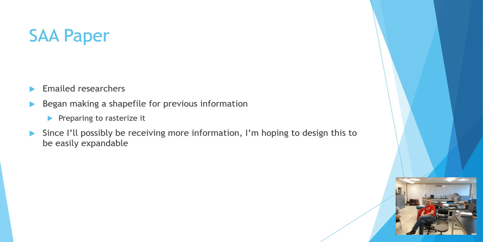Finally, my SAA poster at the Society for American Archaeology, which is in April. I've finally emailed a couple of other researchers to try to pull some more data, because I'm at a loss and can't find anything else. I've started making the shapefile for the sites that I have, and we started talking about rasterizing yesterday, and I actually just started watching your videos on that the night before.